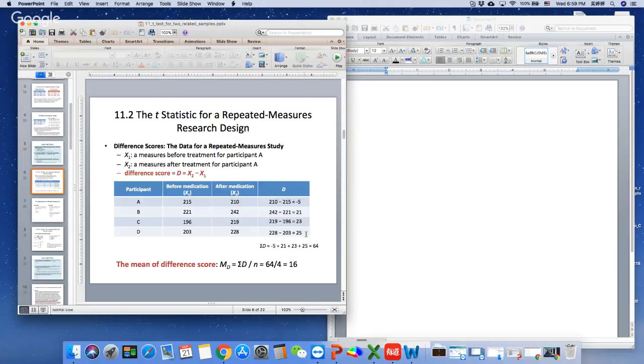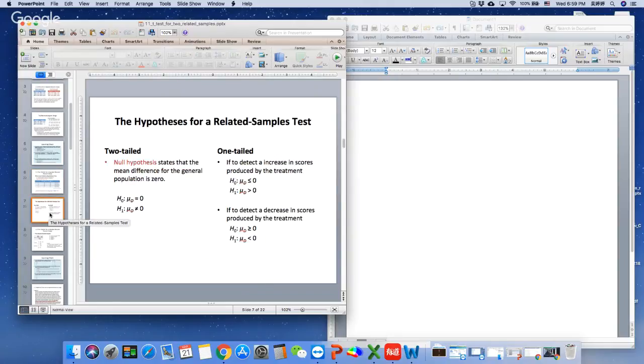Based on all the difference scores, we can compute the mean, which we call MD, and use the MD to do the t-test. We test whether or not mu D is significantly different from 0 for a two-tailed test, and whether mu D is greater or smaller than 0 for a one-tailed test.